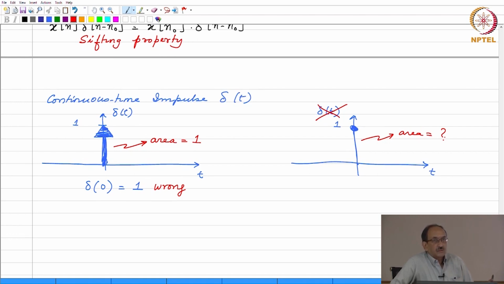Okay. A few people are piping up 0 somewhat hesitantly. So, area is 0. Now, more voices are getting added. Very good. All right. So, the area is indeed 0.